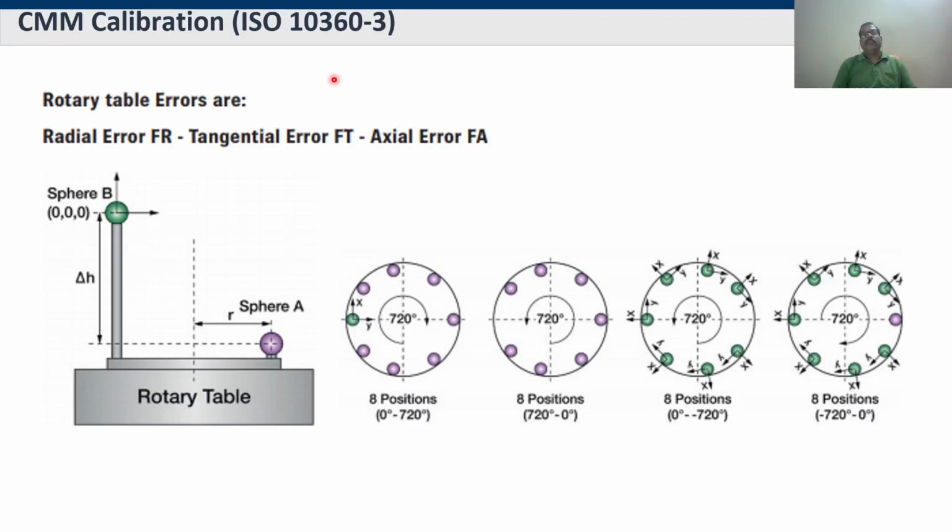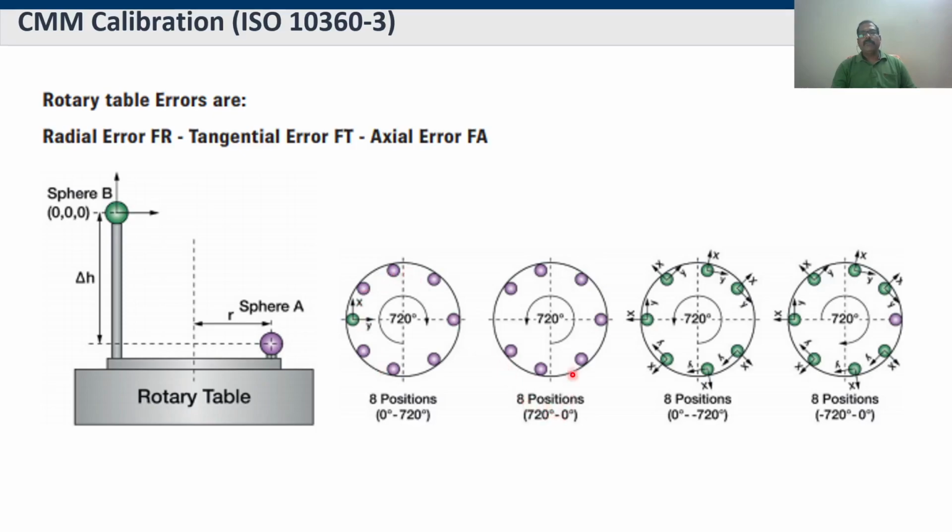Added with the fourth axis: XYZ is there, but if the table is rotating as a fourth axis, how do we do it? They use two spheres, sphere A and sphere B, and the radius from the center of the sphere is important, and sphere B is given with some height compared with the center of sphere A. This is also important in terms of measurement. They measure 8 positions over two rotations from 0 to 720 degrees and calculate.